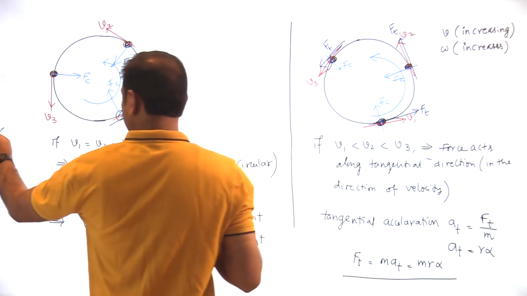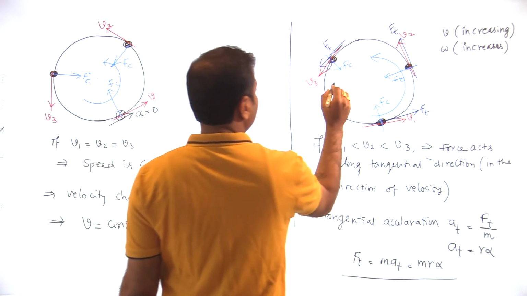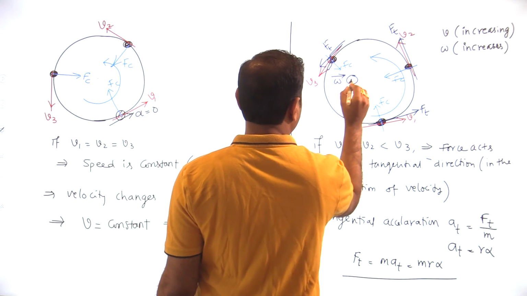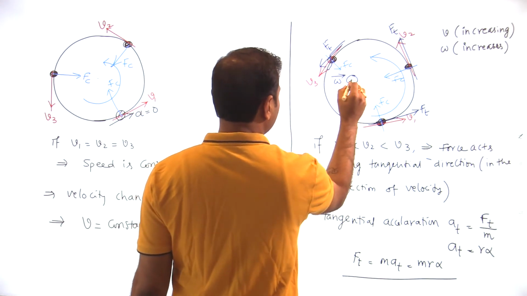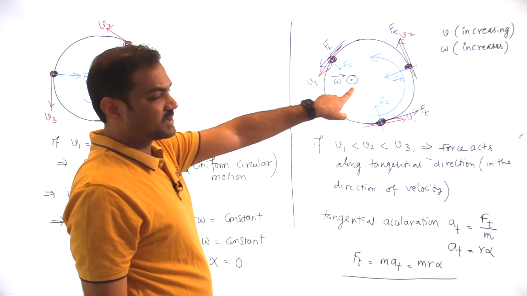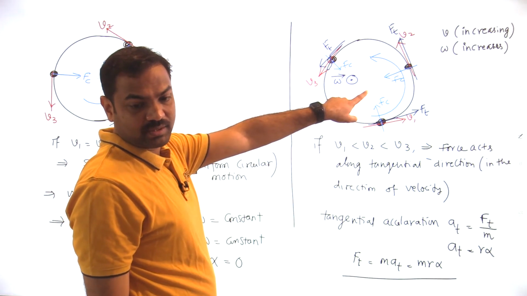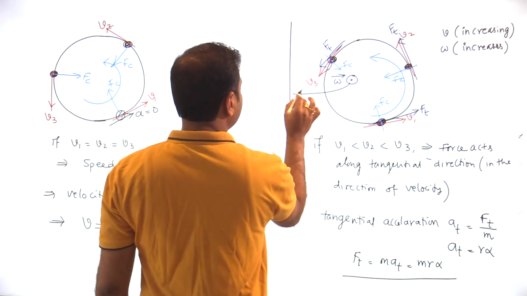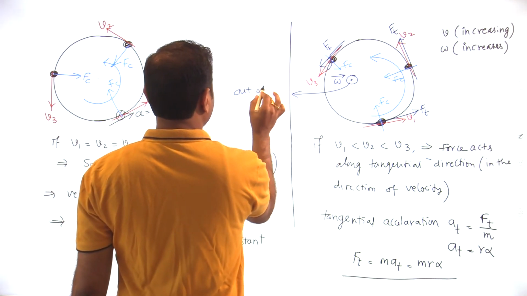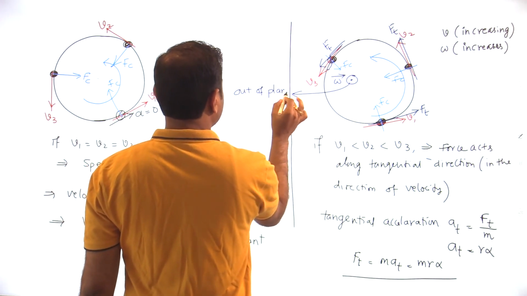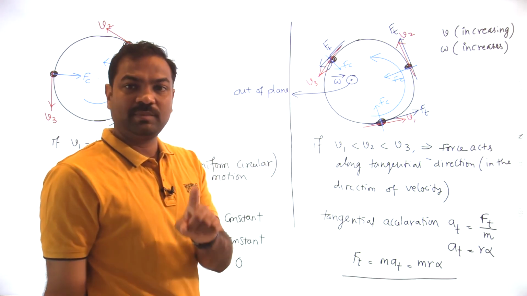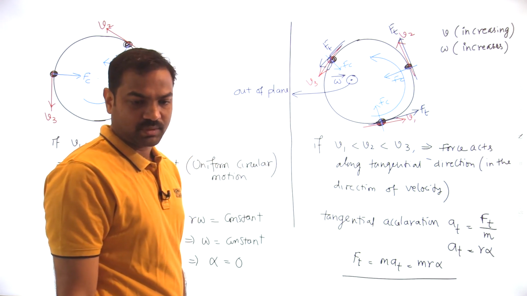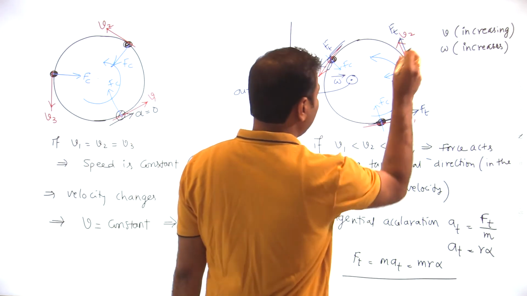So omega bar is out of the board. This is the symbol for out of the board: a circle and a dot, which is nothing but out of the plane. For me it is out of the board, and for you it will be out of the book. So then what is the alpha direction?